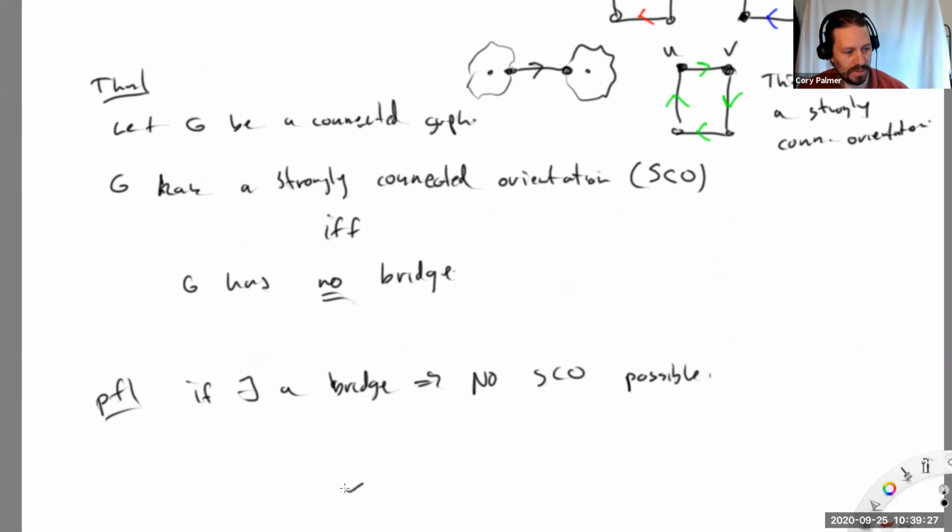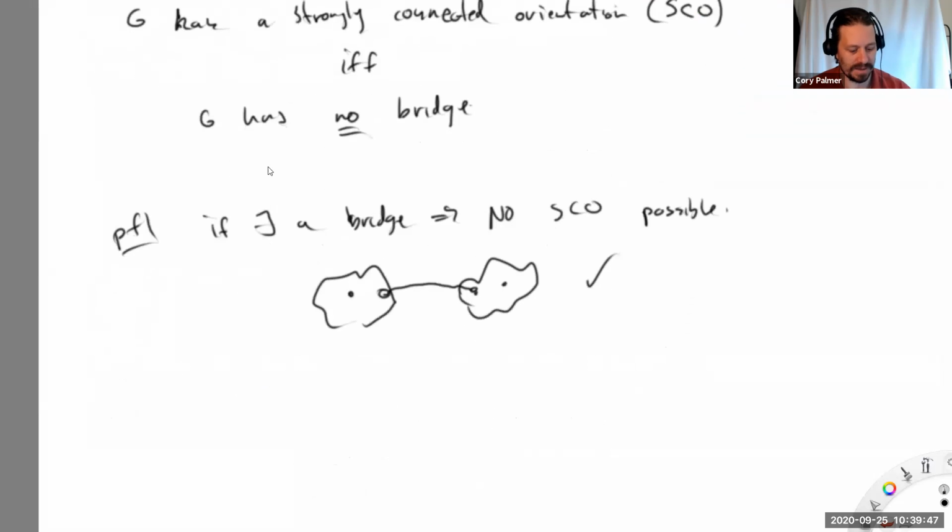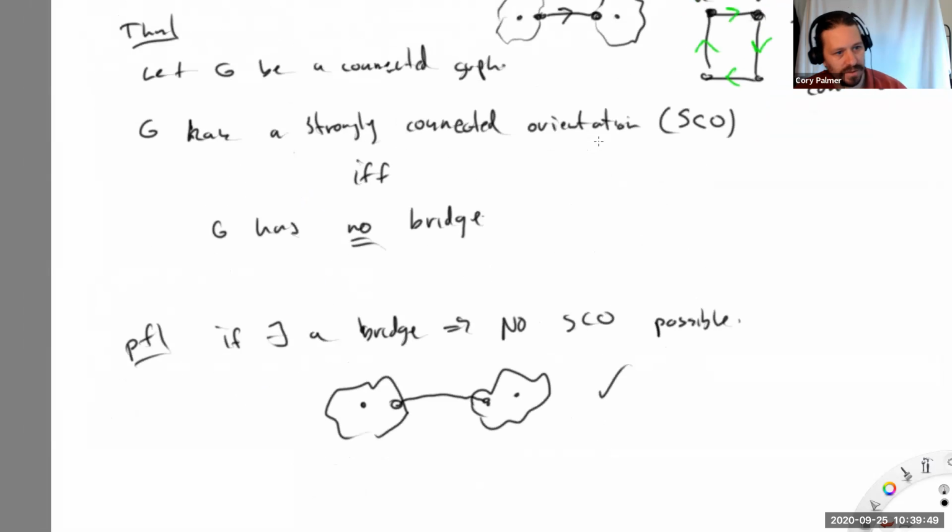We already did that direction because if you look at this picture again and you have a bridge, then it's clear that no matter how I orient this graph, there's going to be a vertex here and a vertex here for which there's either not a UV path or not a VU path. It just depends on which direction I orient. The opposite direction will be impossible. That's if it has a bridge. So if it has a bridge, then it's not strong. It has no strongly connected orientation. So that's this direction here.